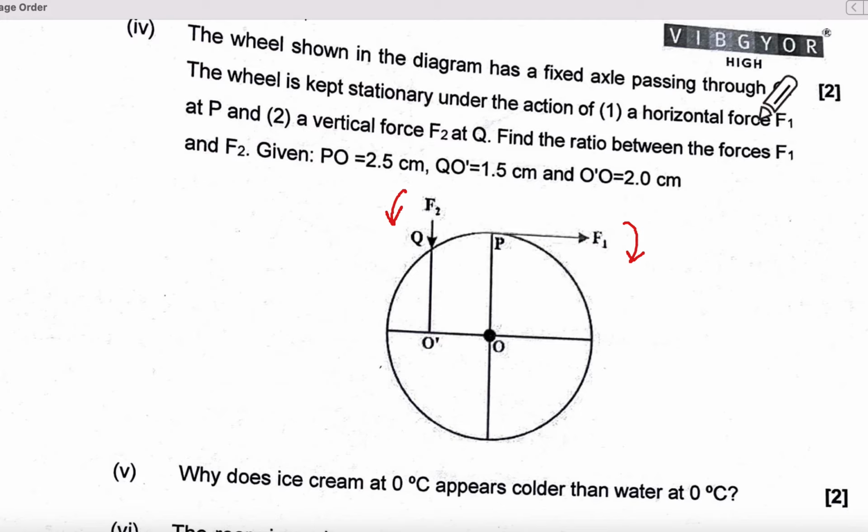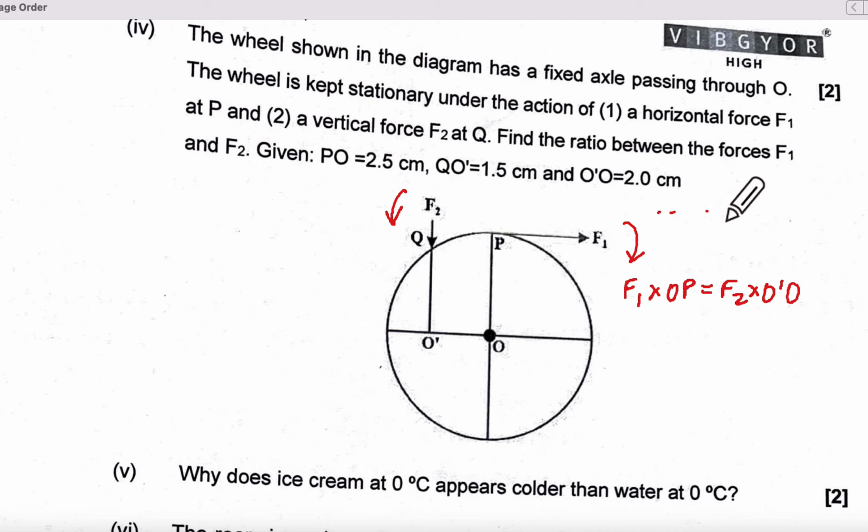Ma'am, it's on page 7. Solved example. Yes, ma'am. So what are they telling? Find the ratio between the forces F1 and F2. So remember, F1 multiplied by this distance OP will be equal to F2 multiplied by this distance O dash O. Okay, because you will say at equilibrium by principle of moments, correct or no?